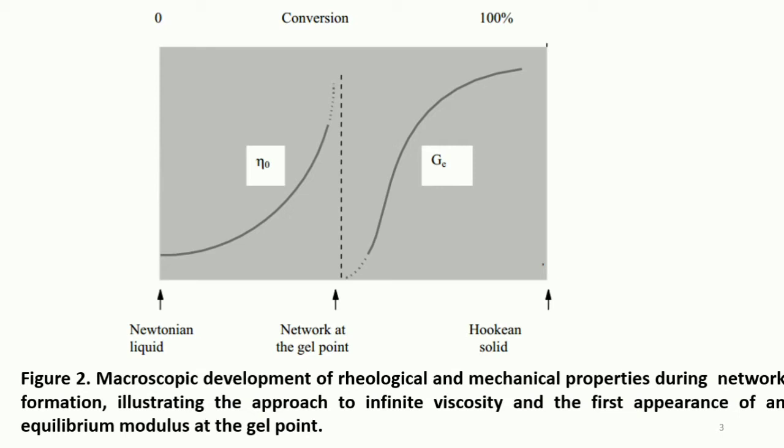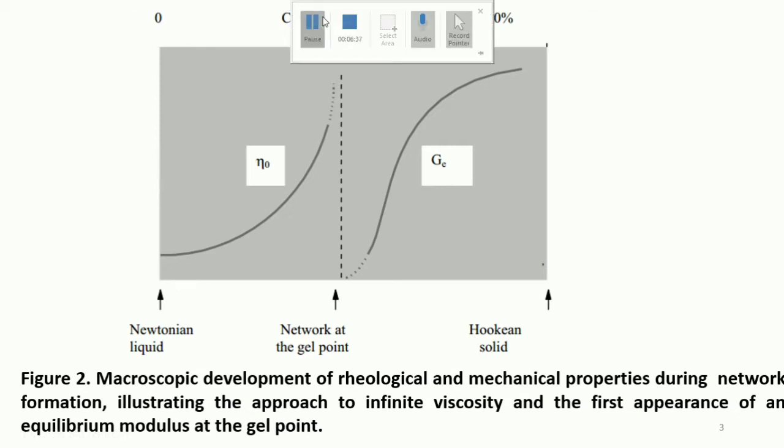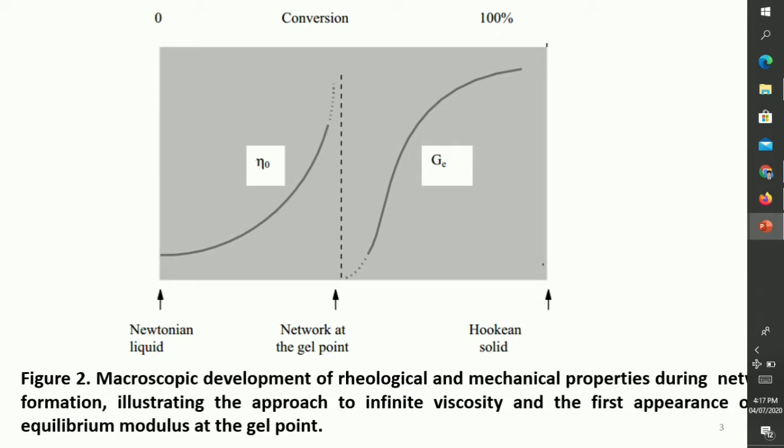Macroscopically, physical properties such as modulus build to levels characteristic of a fully developed network. Besides all this, figure 2 illustrates the macroscopic progress from uncured to fully cured thermoset.